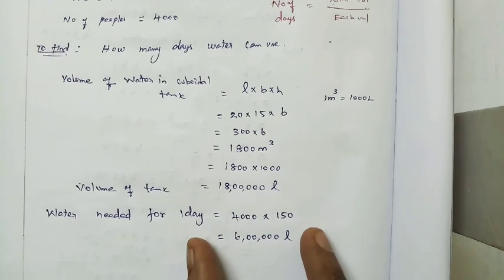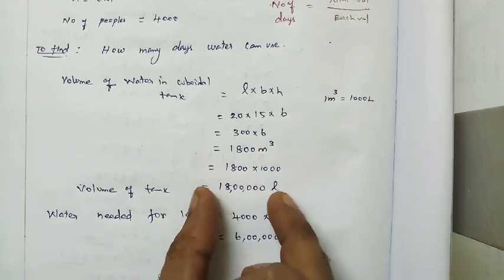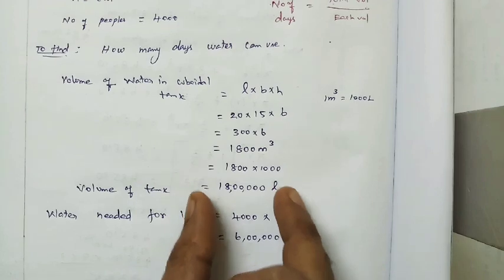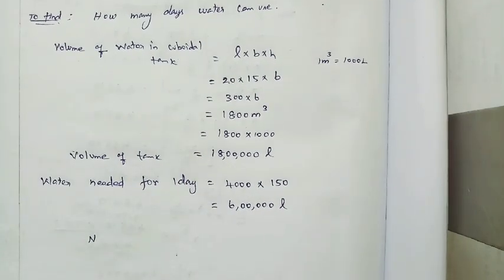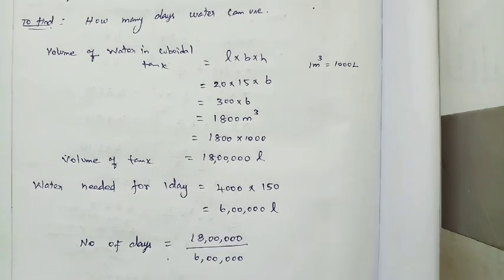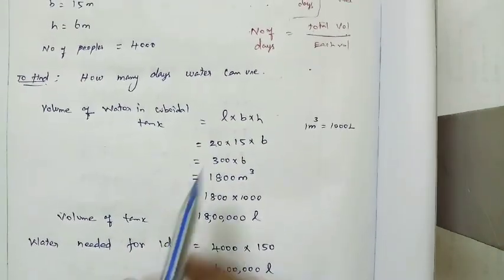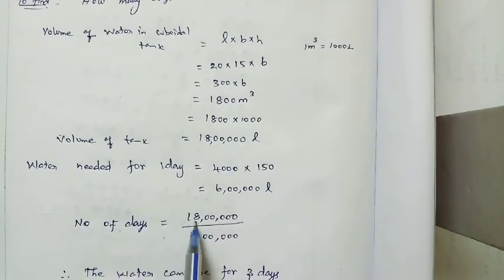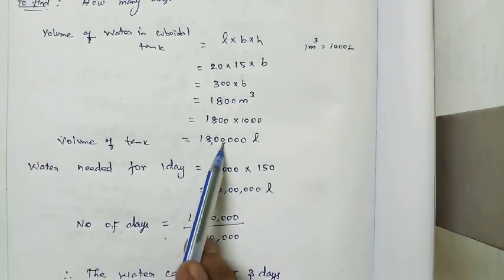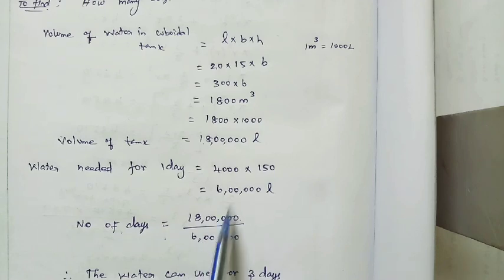Now I am going to find how many days the water will be used by the village. Number of days is nothing but total volume divided by each day's volume. Total volume is 18 lakh liters divided by 6 lakh liters.